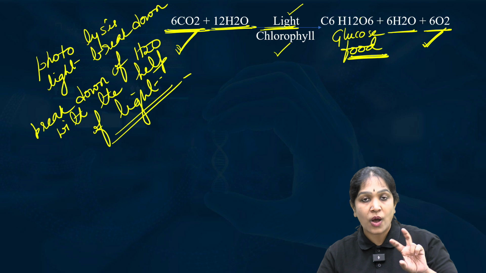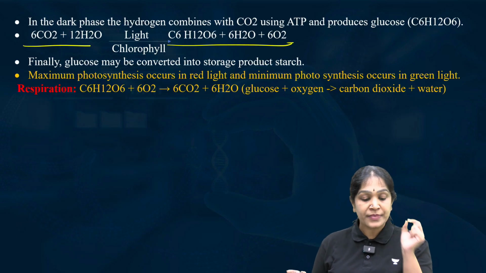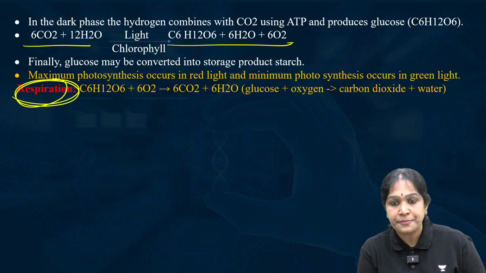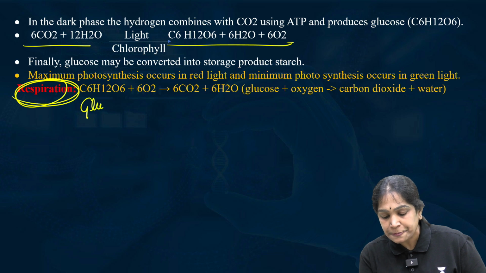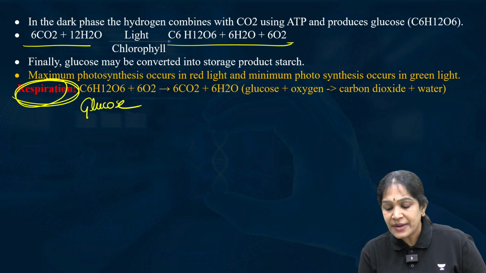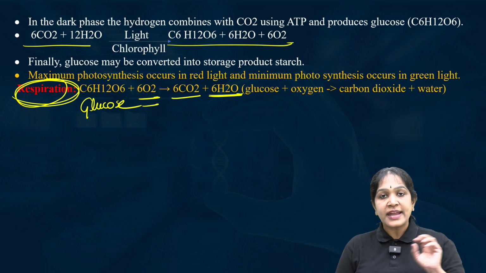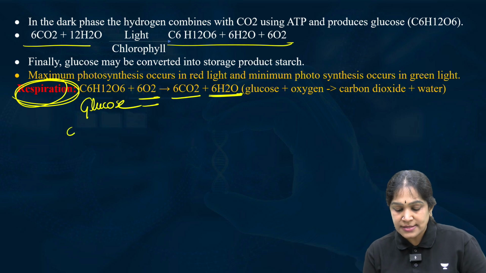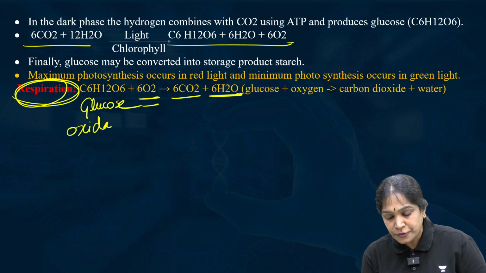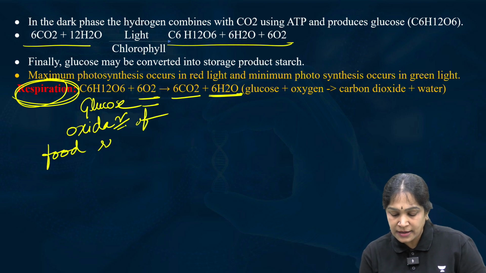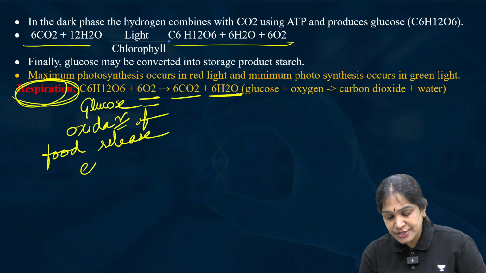It is exactly opposite to what happens during respiration. If you look at respiration, it is glucose in the presence of oxygen forming carbon dioxide and water. We can define respiration as oxidation of food material to release energy.